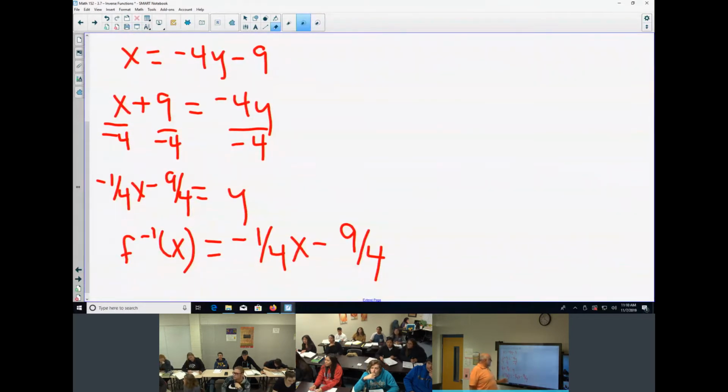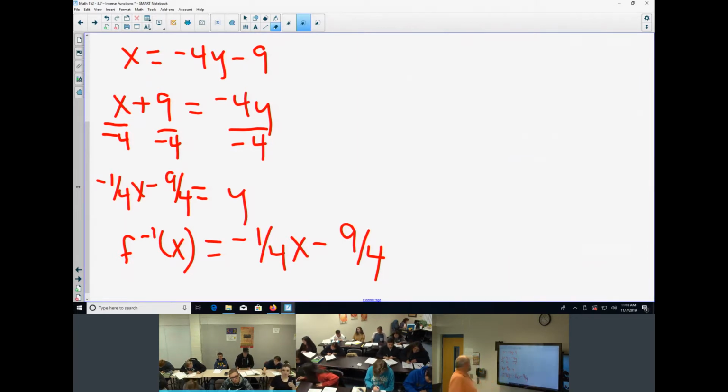So f inverse x equals negative 1/4 x minus 9/4. I think that's what you said. So, all right. Any questions on that? Anyone like me to work through it? Yes. Okay.